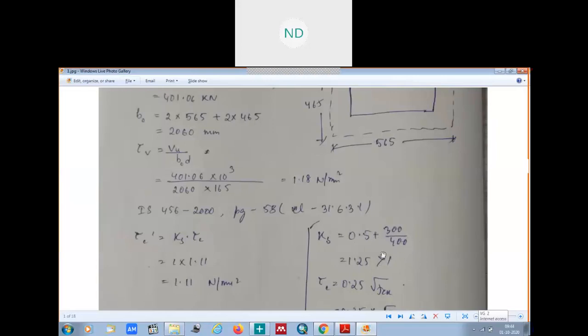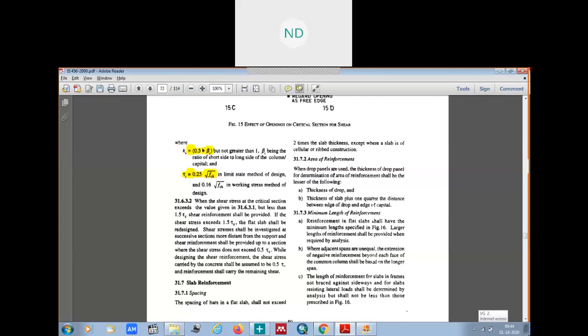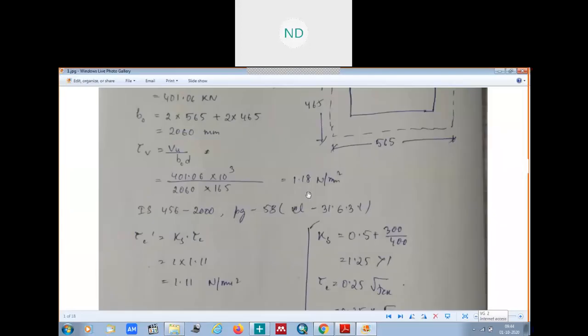So we will consider the ks value to be 1 because it is mentioned here. This value ks is 0.5 plus beta c, but it should not be greater than 1. Sorry, not beta c, the ks value should not be greater than 1. So we have got 1.25, so we will consider it to be 1.